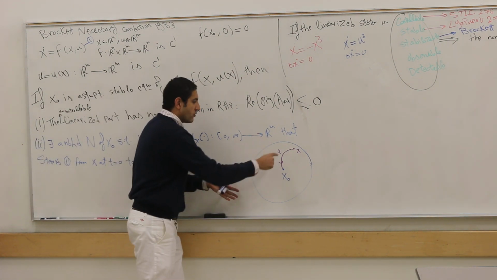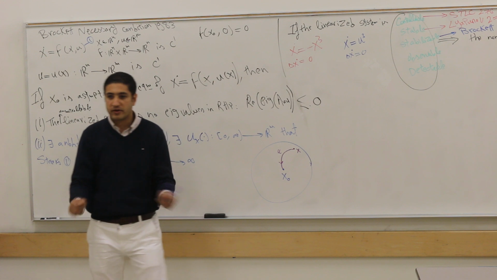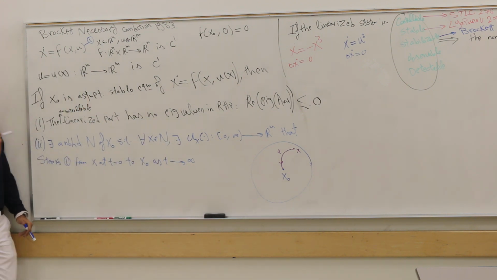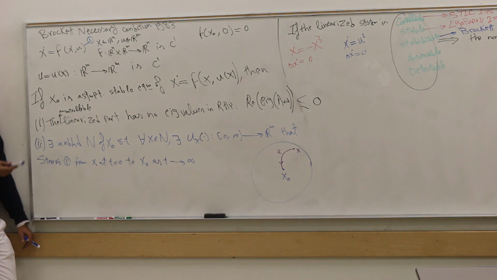That in a neighborhood, from any point here I can go to the equilibrium, and I want to do that by control. Is this equivalent to stabilizability? Because if it were, then this is useless. I cannot say a necessary condition for stabilizability is that your system must be stabilizable. It can't work, right? It seems that it's equivalent. Is it?